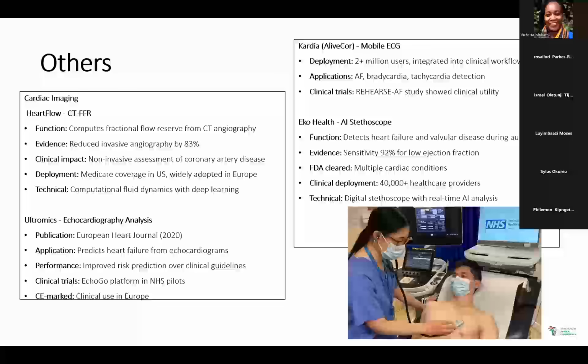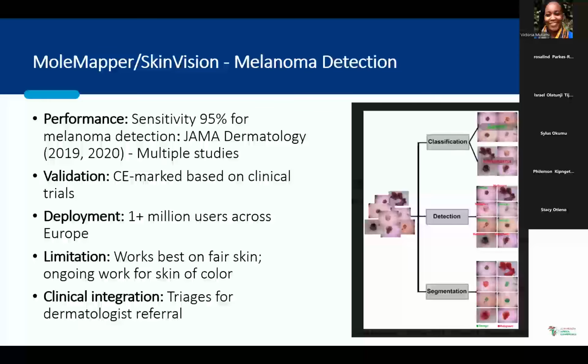And obviously, as we know, voice and sound can also be analyzed quite easily with AI. So these are other types of cardiac applications that have been shown to be working. Skin is another area which is very visual.